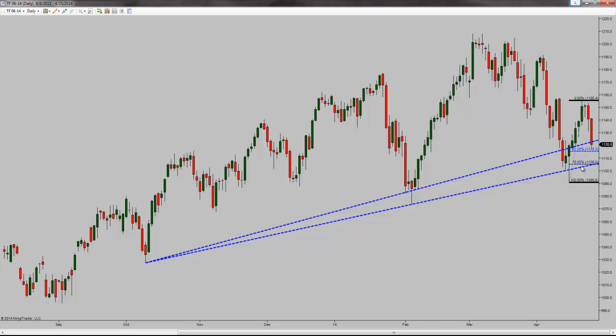We could easily see that by the open on Monday. If pre-market futures are up a little bit, up a couple of points, 2, 3, we could see this early on Monday, or we might not see it at all. For all we know, they're going to hold the 62% on the bull side and then take it up, and away they go. It just doesn't seem likely.